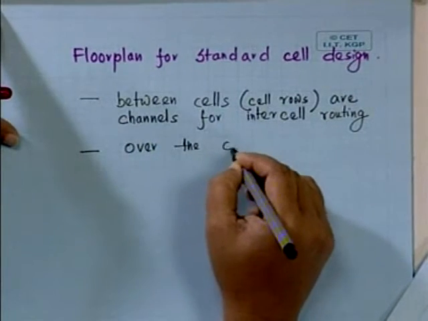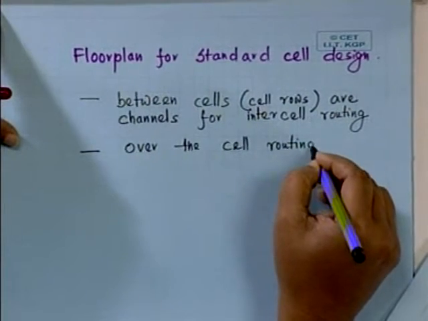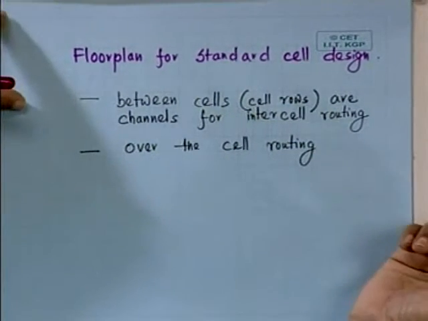Over the cell routing is also possible. Already we have discussed that thing, channelless or channel gate array.